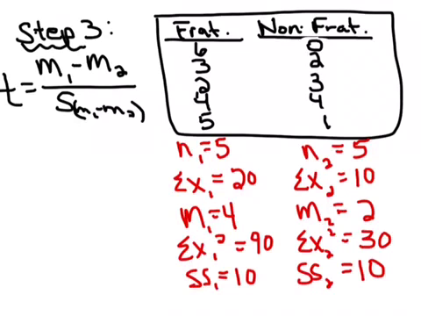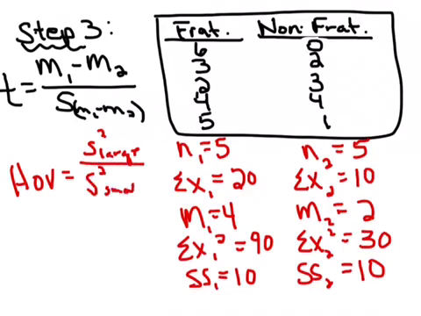sums of squares. So at this point, because we have our sums of square, we can test our homogeneity of variance. And if you remember, homogeneity of variance is the larger variance divided by the smaller variance.